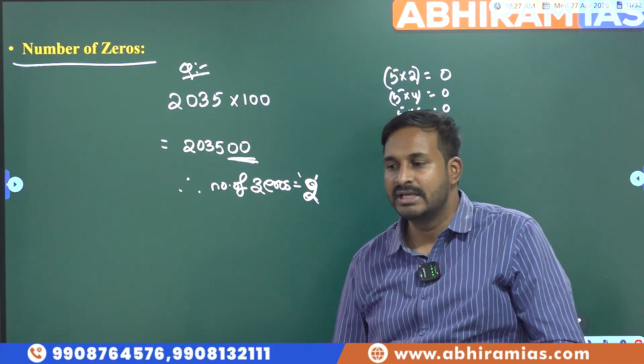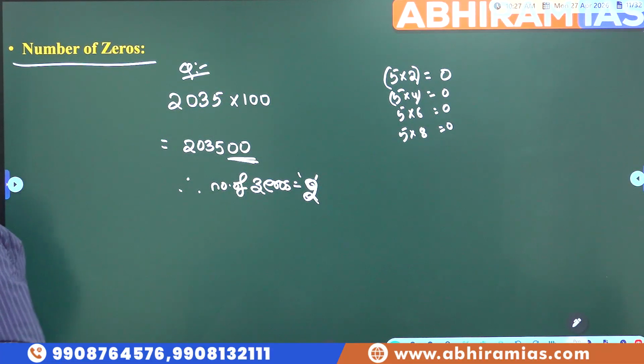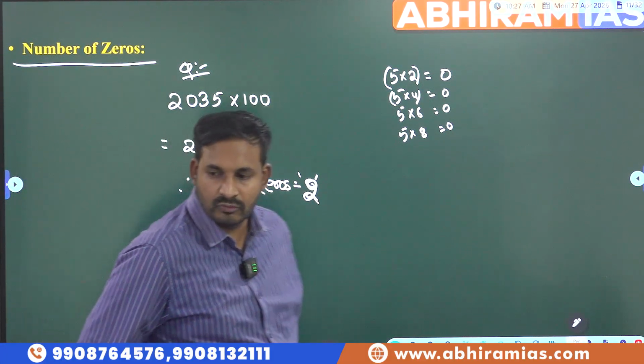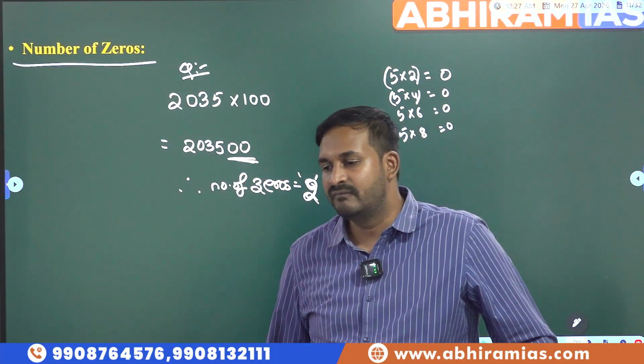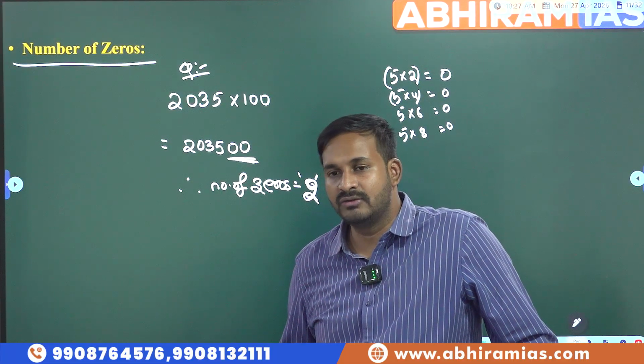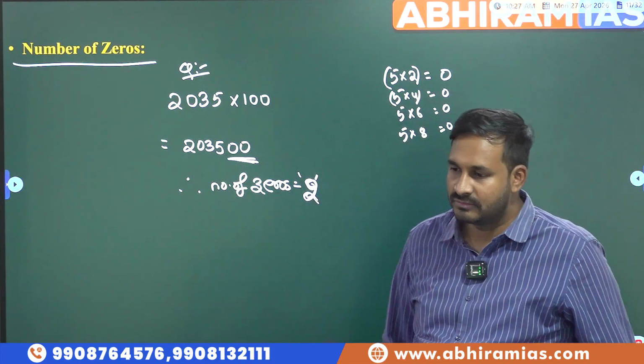Write down the same thing. A pair of 2 comma 5, 2 comma 5 bracket lo petteskunnama, will give us 10.